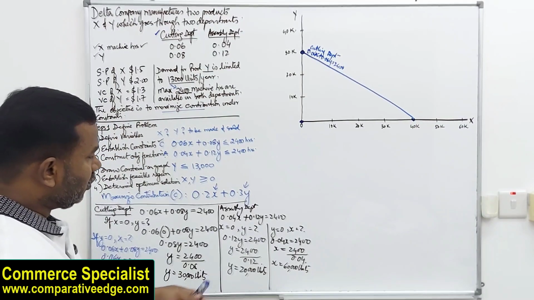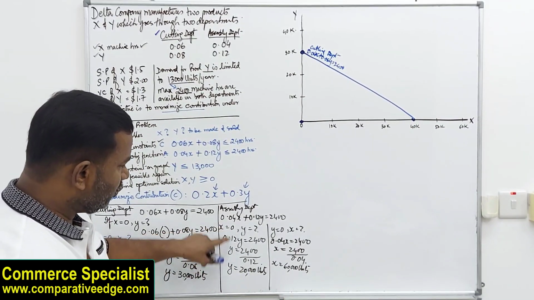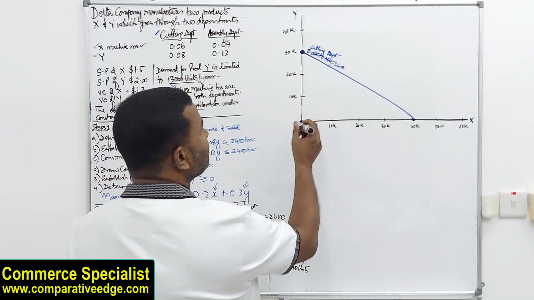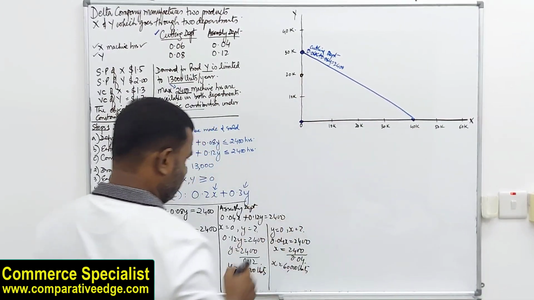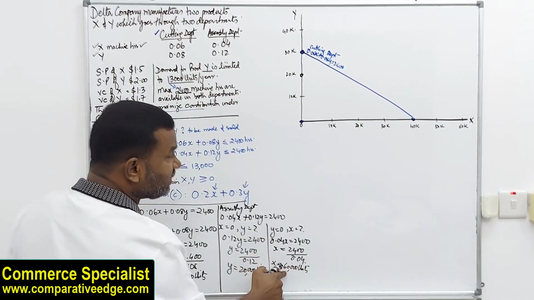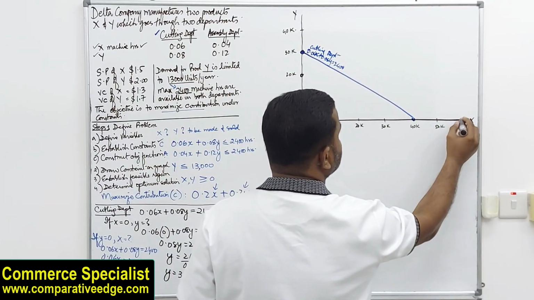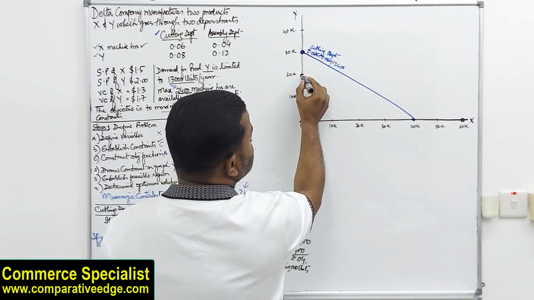So now I have both the coordinates for x and y. When x is 0, y is 20,000. And when y is 0, x is 60,000 here. So I need to connect these two points.